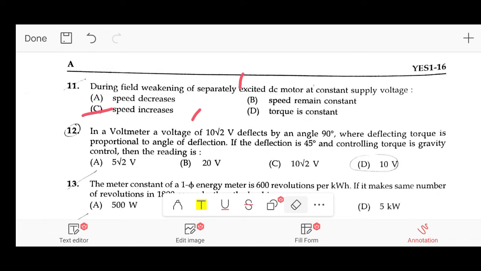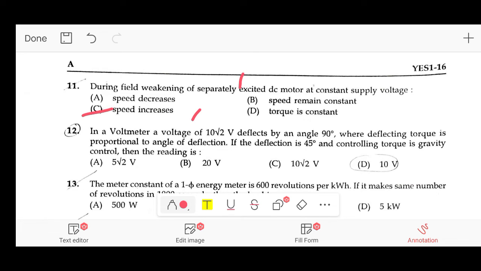Next question. In a voltmeter, a voltage of 10 root 3 V deflects by an angle of 90 degrees, where deflection torque is proportional to angle of deflection. If the deflection is 45 degrees and the controlling torque is gravity control, then the reading is?